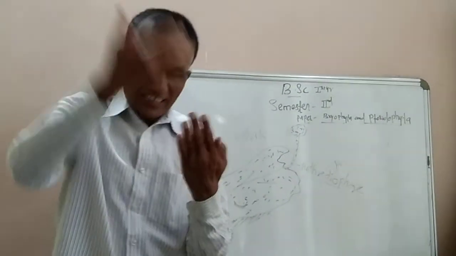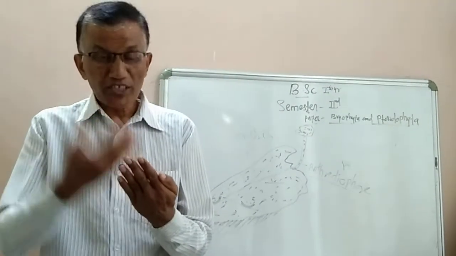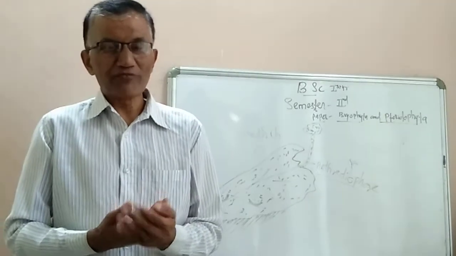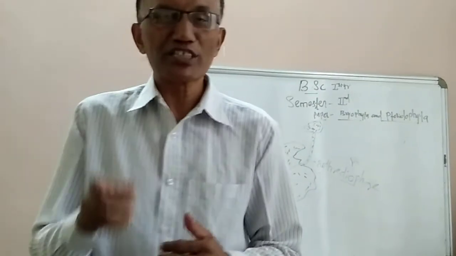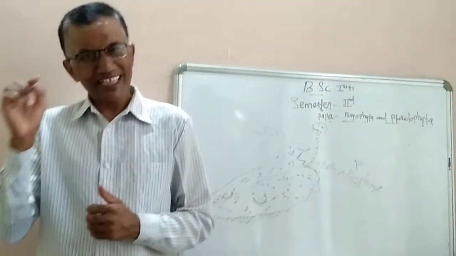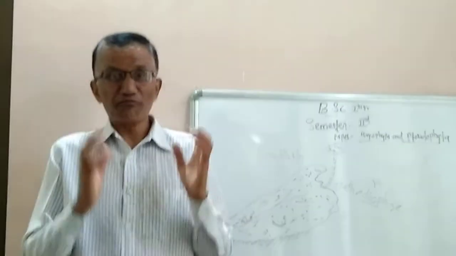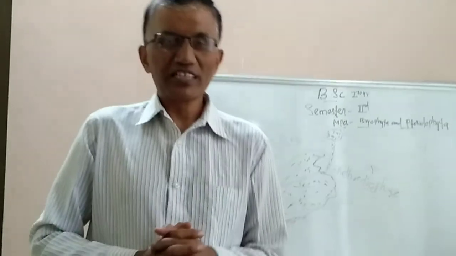While taking the vertical section of the sporophyte of Marchantia, we observe that it is differentiated into three important parts: foot, seta and capsule. In the capsule, there is a mass of diploid spore mother cells.